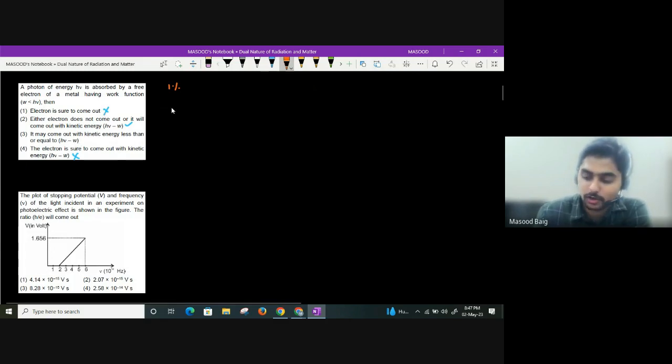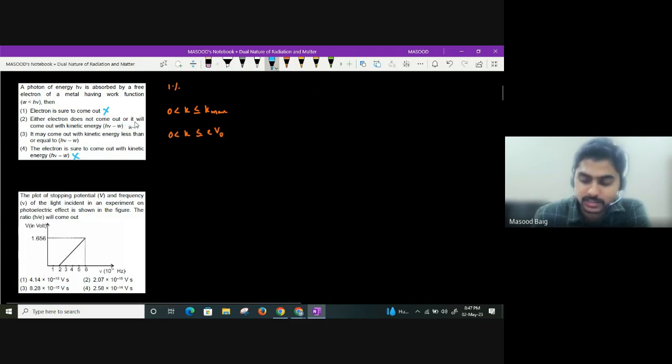Always remember, kinetic energy of emitted electrons will lie between 0 and maximum value. And what is the maximum value? It is eV naught. If it is coming out, then with maximum kinetic energy of eV naught, or with kinetic energy h nu minus w. Now I cannot say the second one is correct.